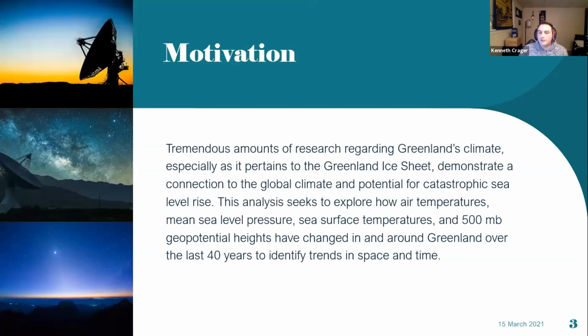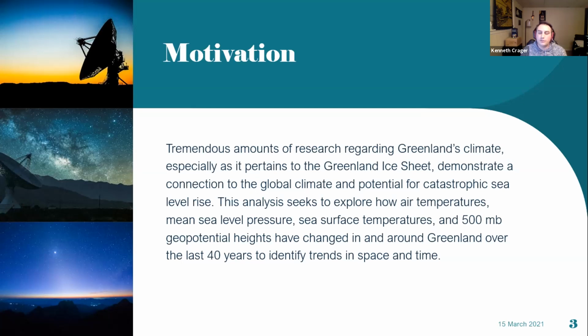Again, there is an incredible amount of research going on in Greenland's climate, since in the northern hemisphere, the Greenland ice sheet is probably the biggest chunk of land ice that we absolutely must be concerned about. Because as that melts, that's going to lead to changes in global climate or weather patterns.